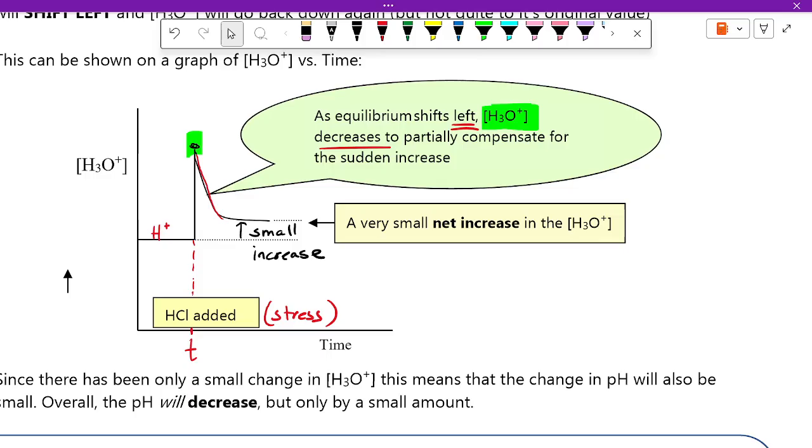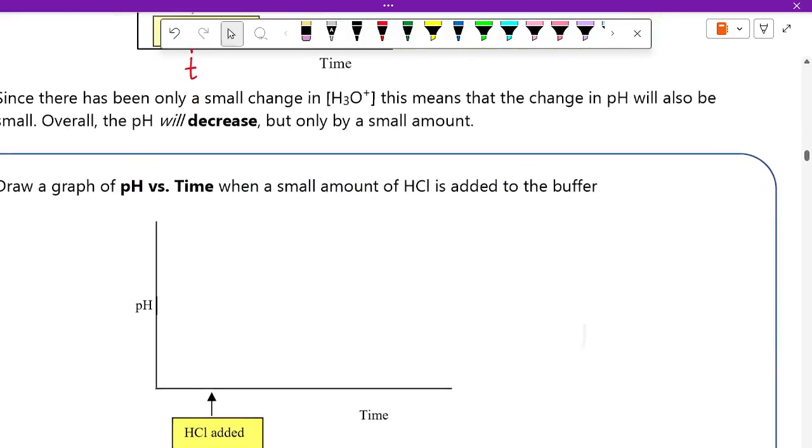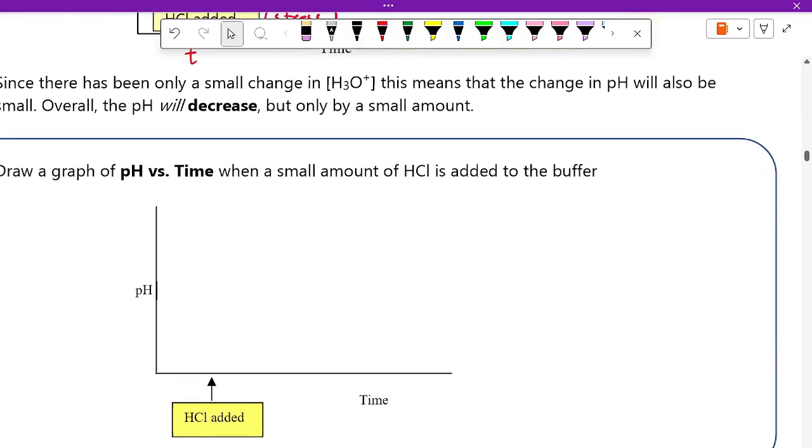So let's graph pH versus time when we add a small amount of HCl to the buffer.